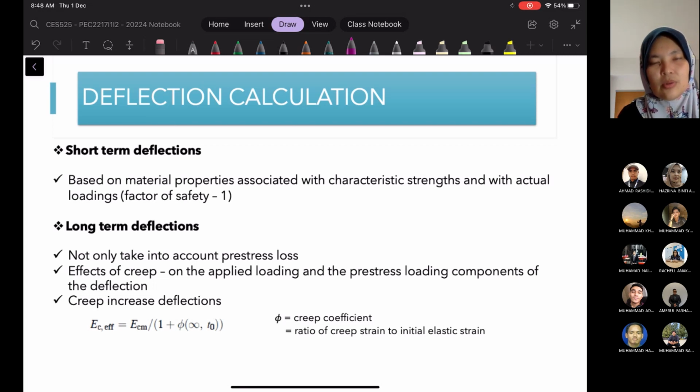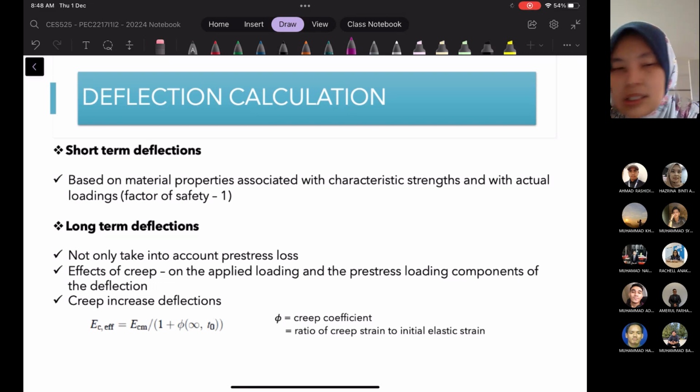However, it could only affect the appearance of the structure, right? Okay, however, it is still a safe structure, right? So masih selamat lah nak guna, tapi bila dia deflect too much, then we are going to see crackings and also failures, right? So therefore, it is not comfortable for the user, right? Okay, so pasal tu kita kena check for deflection. And that is why deflection falls under serviceability limit state. Okay, dia bukan under ultimate.